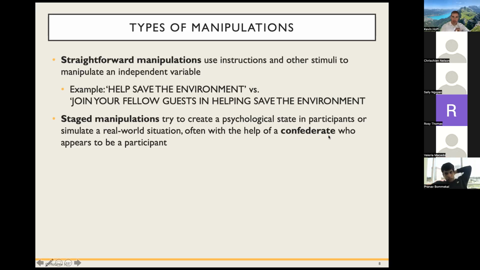The participants were brought into this first experimental room and given informed consent, and then they were told to walk to some other room, and there was a person in the hallway doing some sort of file drawer that blocked a lot of the hallway, and they would do it right as the person walked by and bump into them. And the researchers were interested in, again, how different sorts of people responded to that. So that's one example of a sophisticated staged manipulation where we're trying to really simulate the real world.